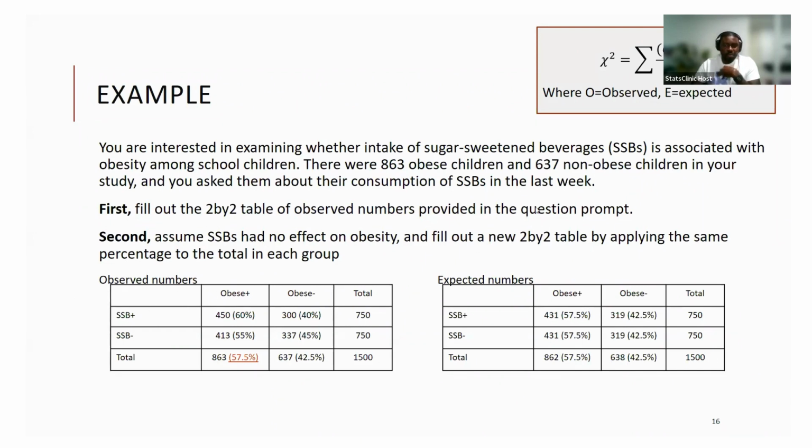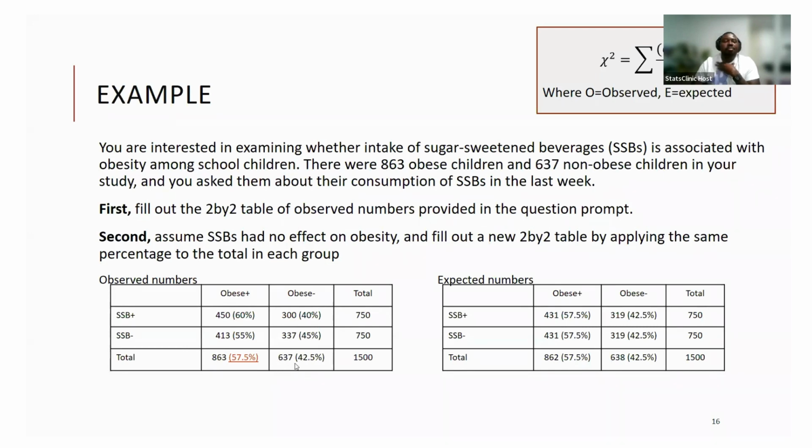So first of all, one thing to note is that this question is not complete, right? We had 863 obese children, that is here, 863. We had 637 non-obese children, that is 637, okay?